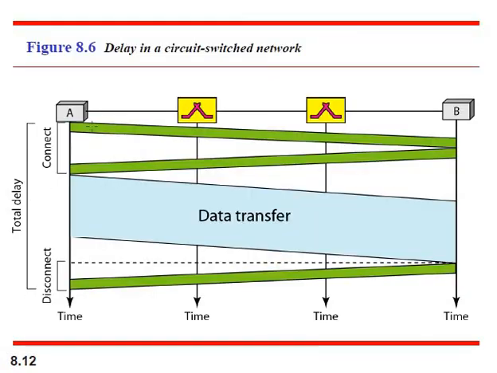This is an example. The sender A wants to communicate with B. To establish the connection between them, A has to send a request to B through switch 1 and switch 2. This is called the setup phase, in which the resources are allocated.